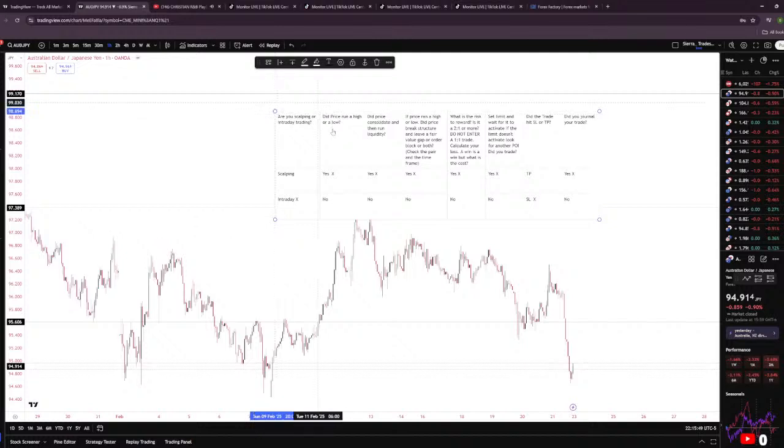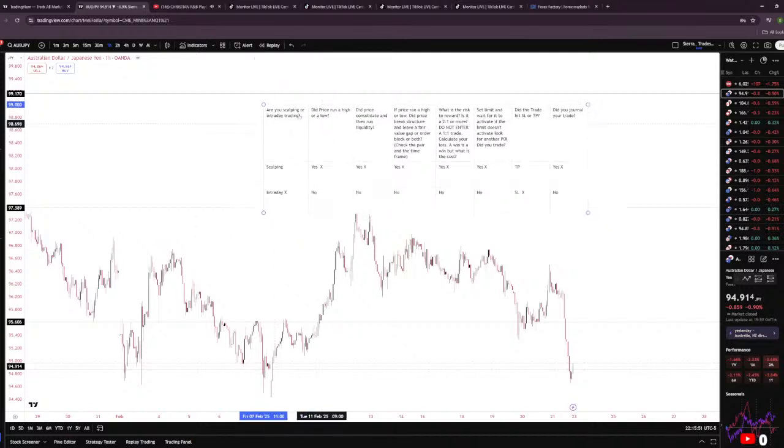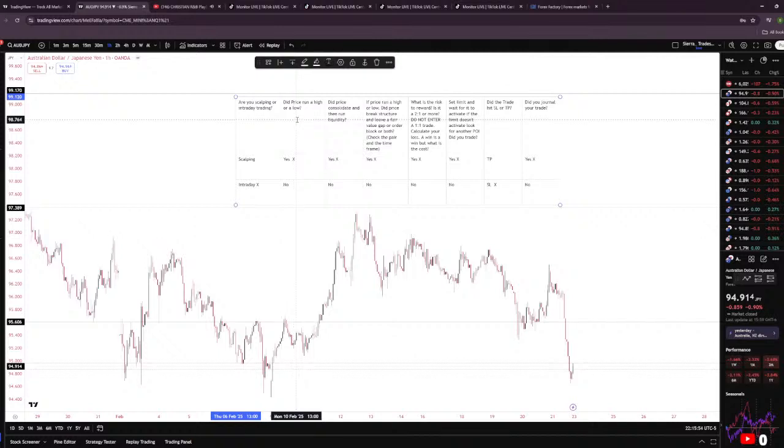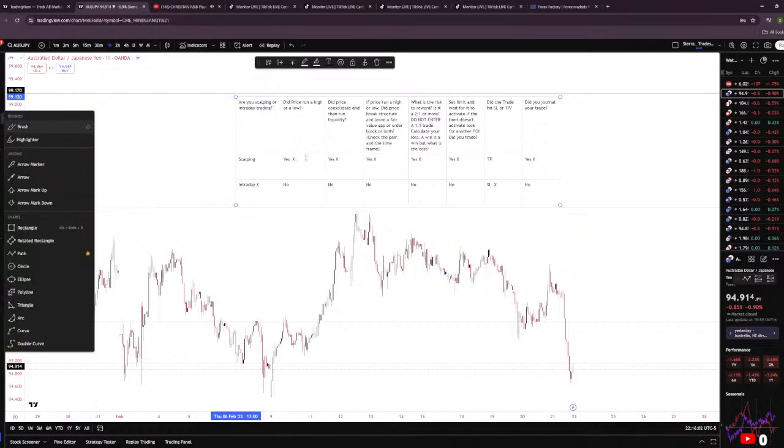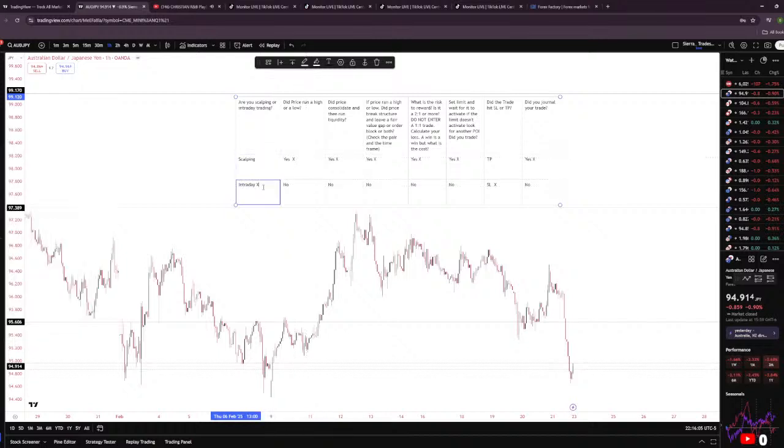All right, let's go over our trading rules so that we can journal this trade. First question, are you scalping or intraday trading? Since this was a monthly CRT, this was an intraday trade. So we have an X there. Did price run a high or low?